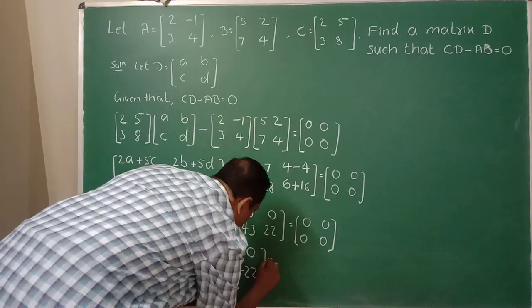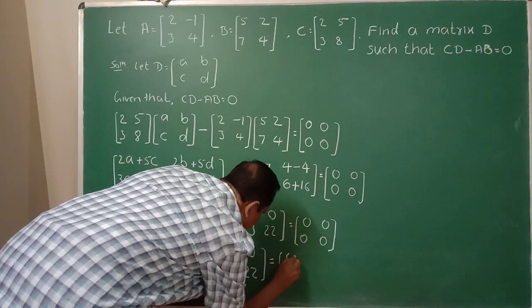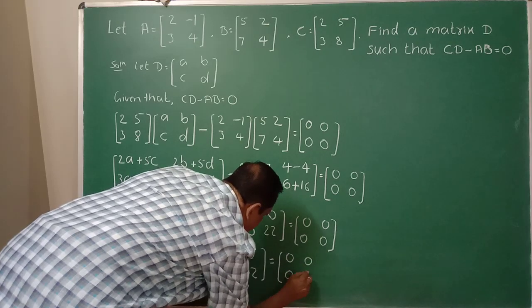That is equal to the null matrix 0, 0, 0 and 0.